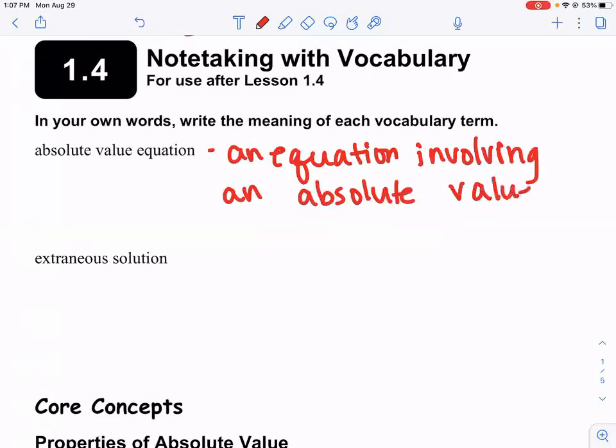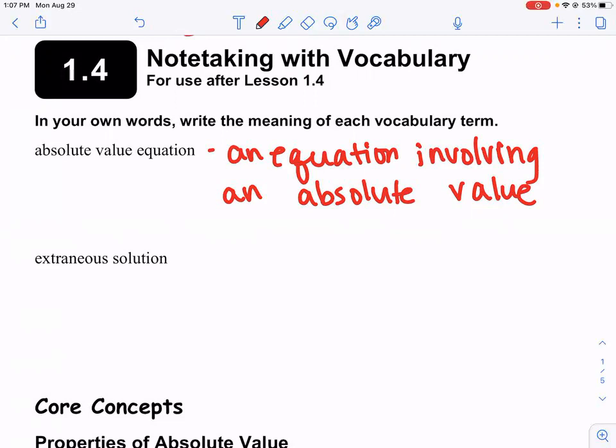So I wanted you to have a reminder of what absolute value meant, so that when we're seeing these in equations, it's not like, whoa, what's happening? Now you're going to see today that it's possible for us to have extraneous solutions.